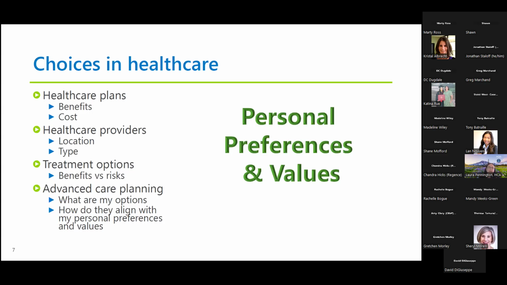And when you think about advance care planning, for example, what are your options and how do they align with your personal preferences and values? So it all really comes down to what's important to that person, and how these options align with those personal preferences and values. So next slide.